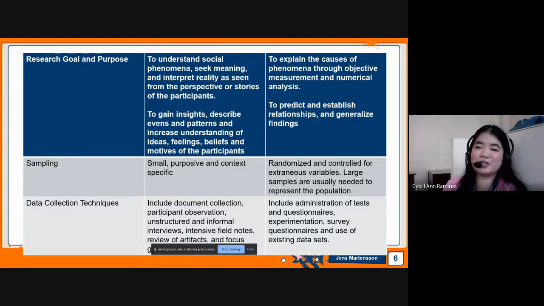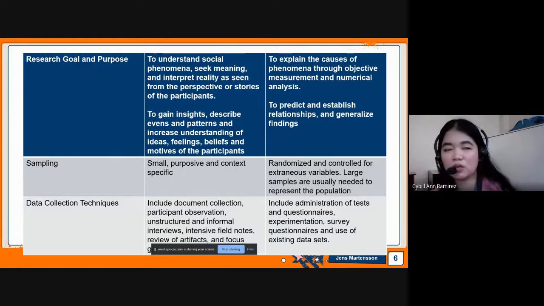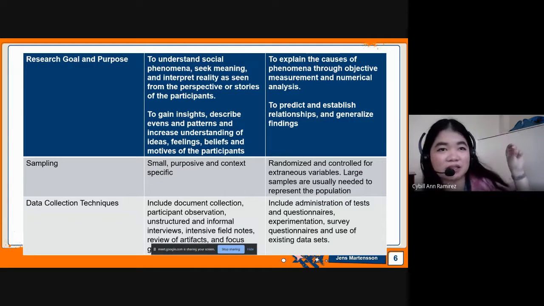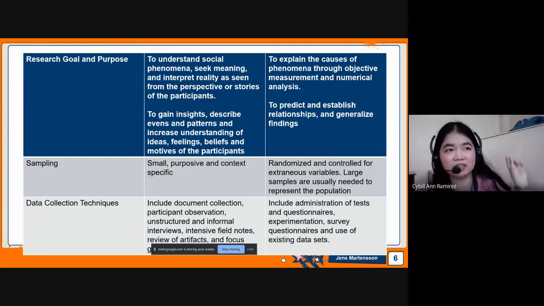It has to be randomized in the sense that, for example, we get the names from the barangay hall, roll their names or number them, then do random picking, like every third number. So the person at number 3 is the next respondent, then every third number on the entire list.